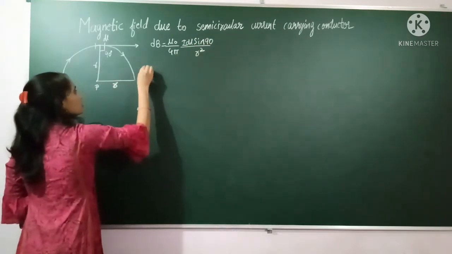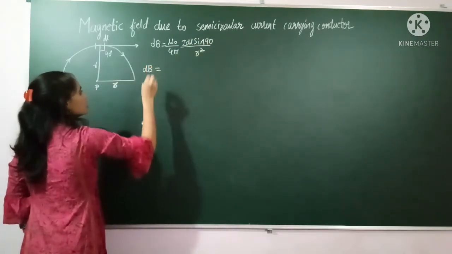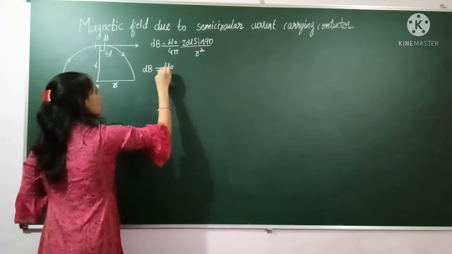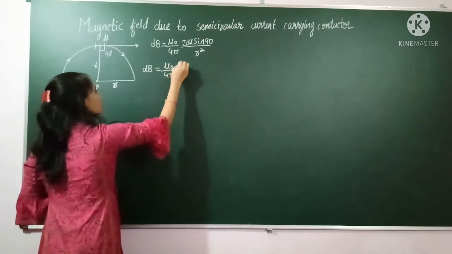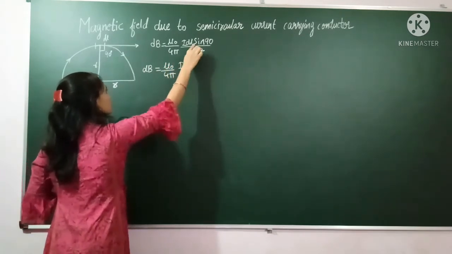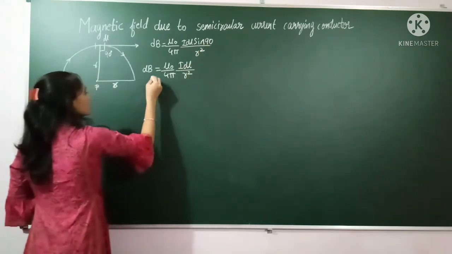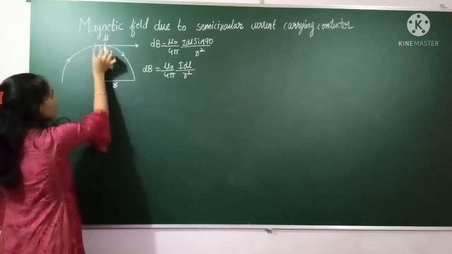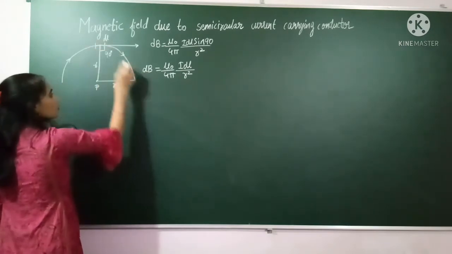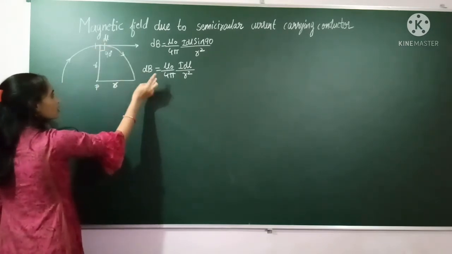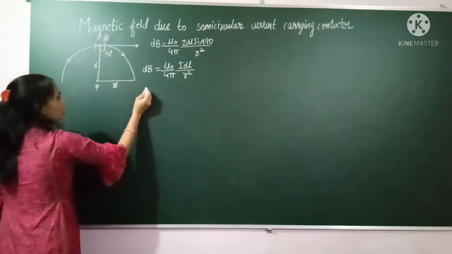This same equation can be written as dB equals mu naught divided by 4 pi, I dl divided by r square, because sin 90 is 1. This is the magnetic field for this small current element. If we integrate this equation, we will get the magnetic field for the semicircular wire.